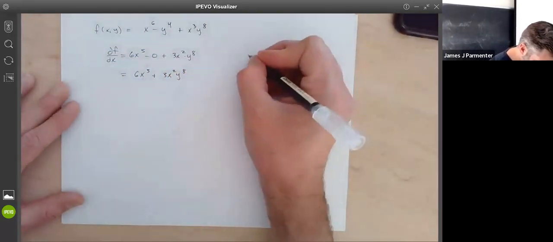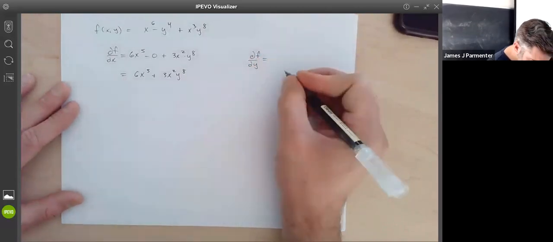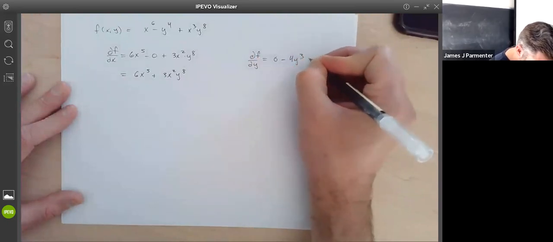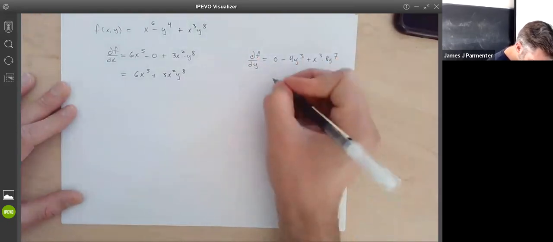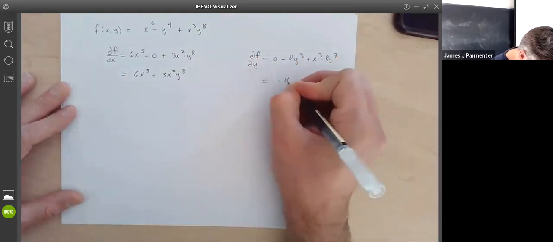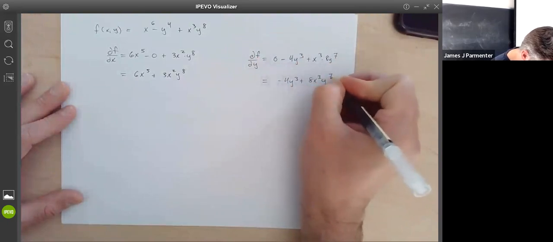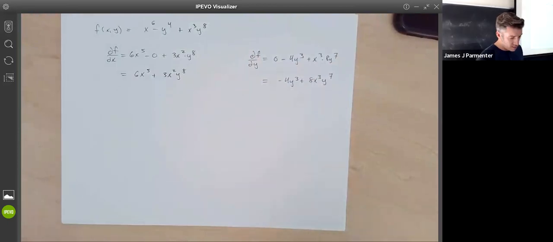And in a similar way, del f del y is going to be 0 minus 4y cubed plus x cubed times 8y to the 7th, or negative 4y cubed plus 8x cubed y to the 7th. A couple notational things here.